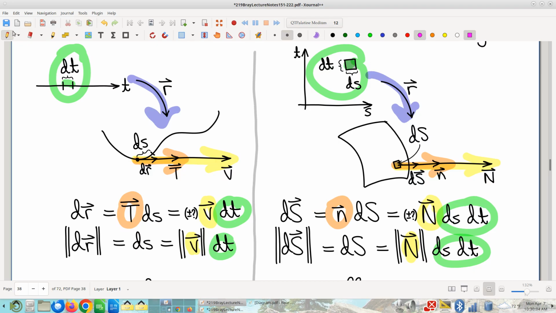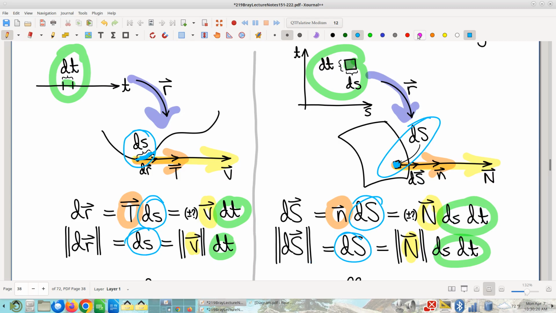Let's see, I'll use blue, I guess, for the size of the little piece of curve. You can talk about the size of the little piece of surface. And those show up in analogous places.